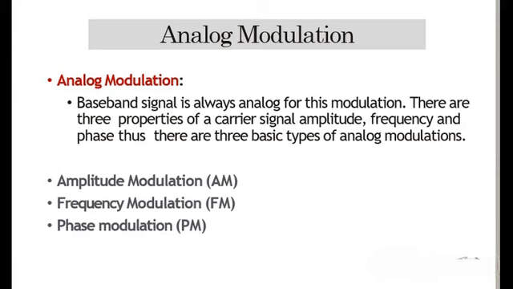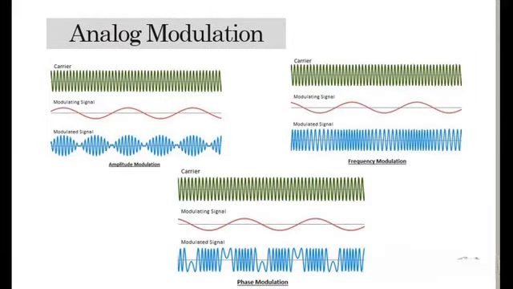Examples include quadrature amplitude modulation, which uses both phase and amplitude modulation to create different binary states for transmission. It works by changing the shape of the carrier wave.